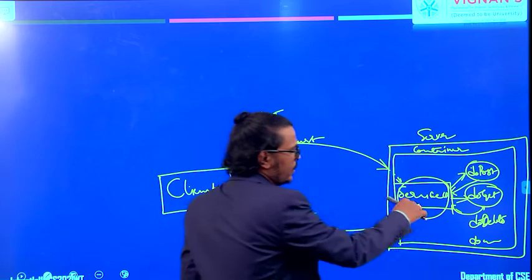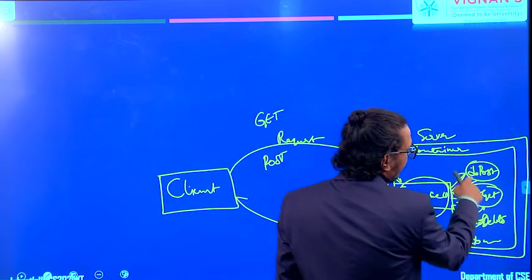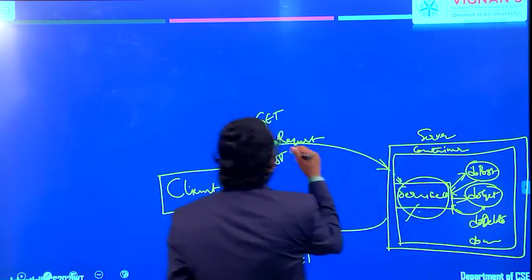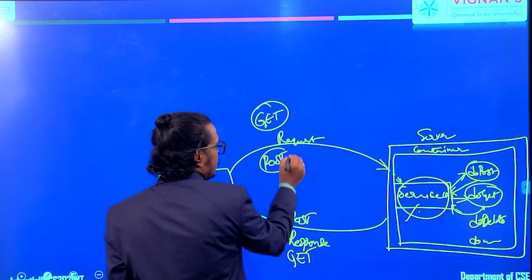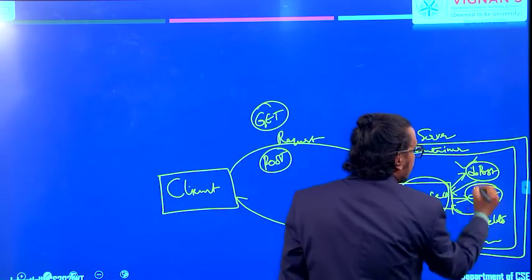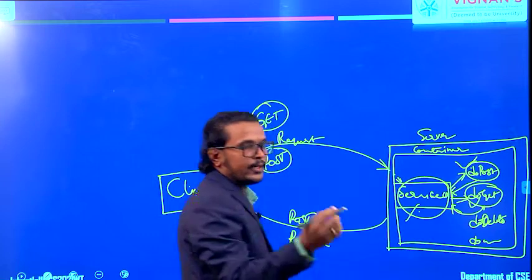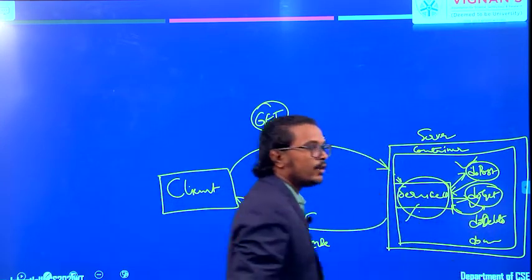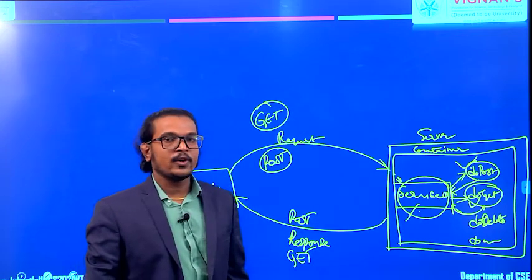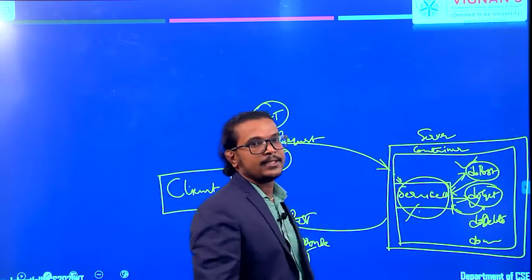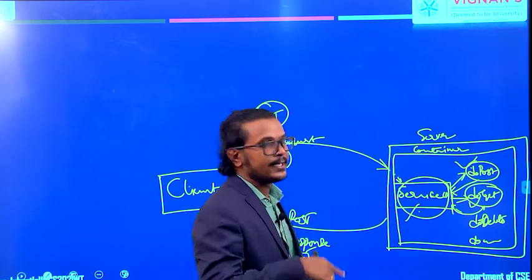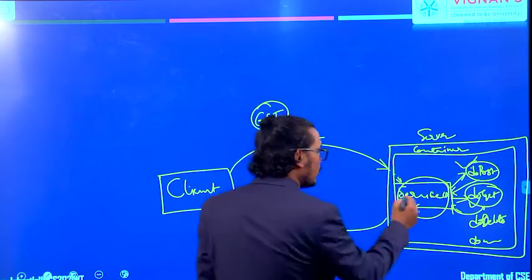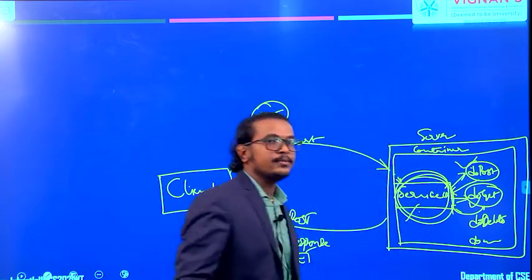If you have n number of requests, based on the request type we override the method, whether it is doPost or doGet. But these two methods are not available in the generic servlet. In the generic servlet, we override the service method.